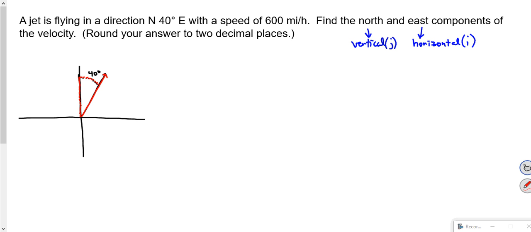If that is 40 degrees between the north and the east, then that makes our theta 50 degrees, right? Because remember, we always measure our theta from the positive x-axis. So theta is 50 degrees, and our speed of 600, that's the magnitude.